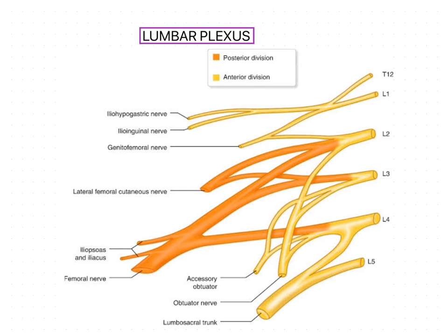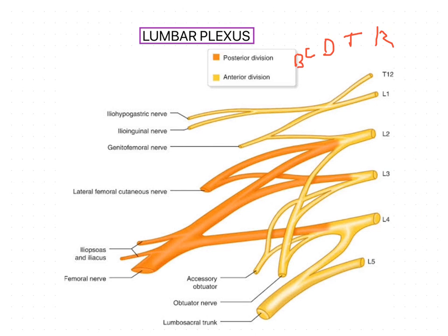It has roots, then trunks, and then divisions, and then cords, and finally branches. So many stages are there in the formation of the brachial plexus. But in the case of lumbar plexus, such kind of stages is not present here.